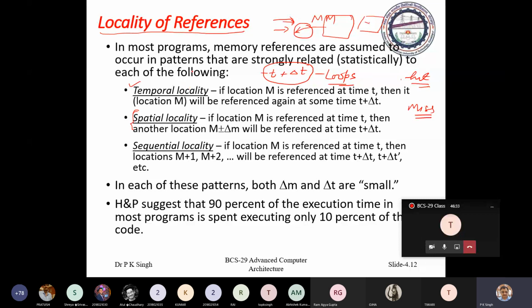The same reference is generated repeatedly in the case of loops, execution of a loop. The second locality is spatial locality. Spatial locality says if at time t the processor generates reference m of the main memory, then at t plus delta t, it is possible that it will generate a reference m plus delta m.